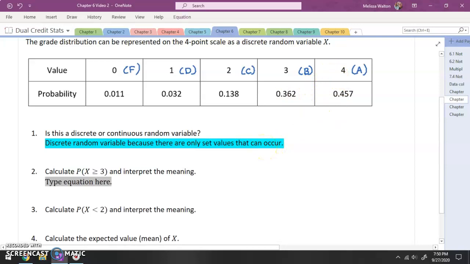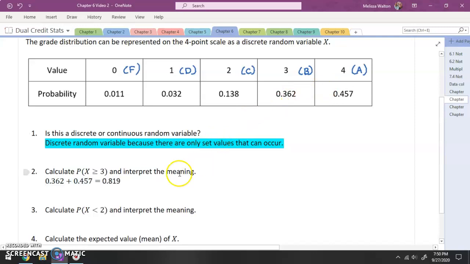So in calculating this, we have 0.362, that is our probability of getting a B, plus 0.457. When we calculate this, 0.362 plus 0.457 comes out to be 0.819.